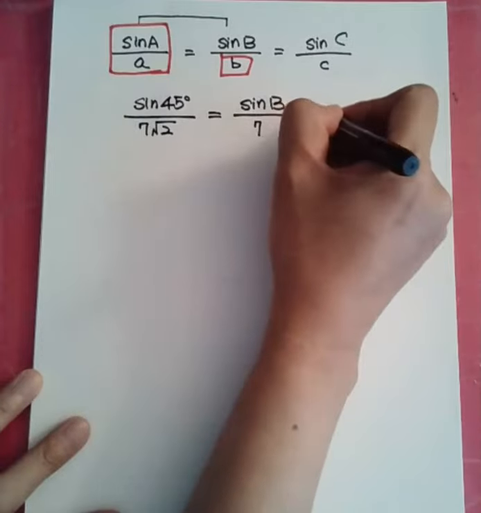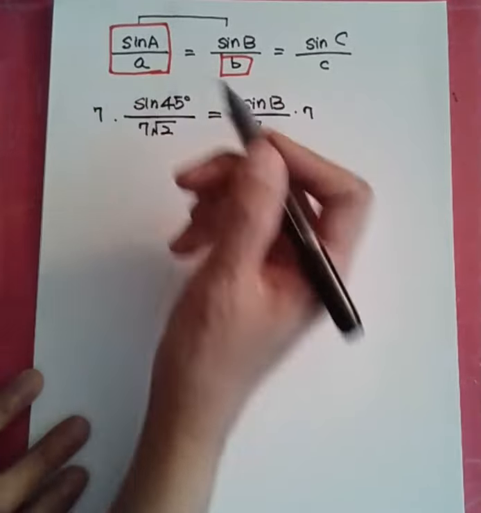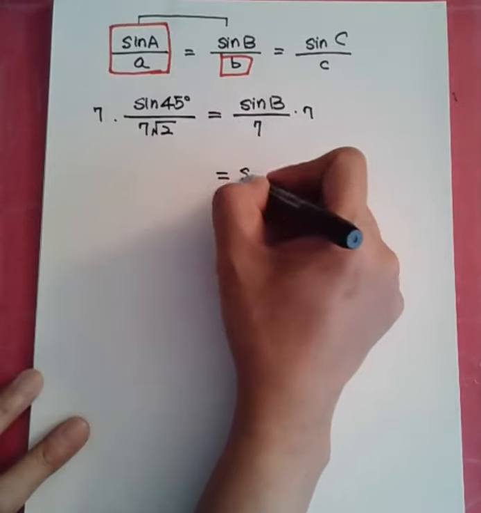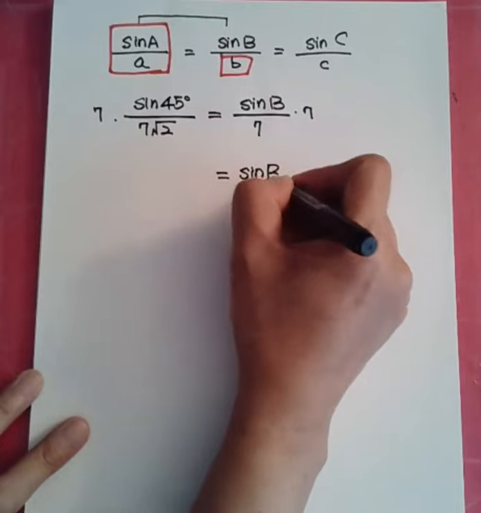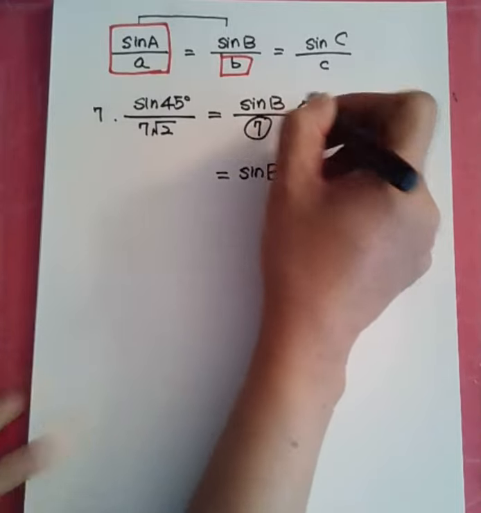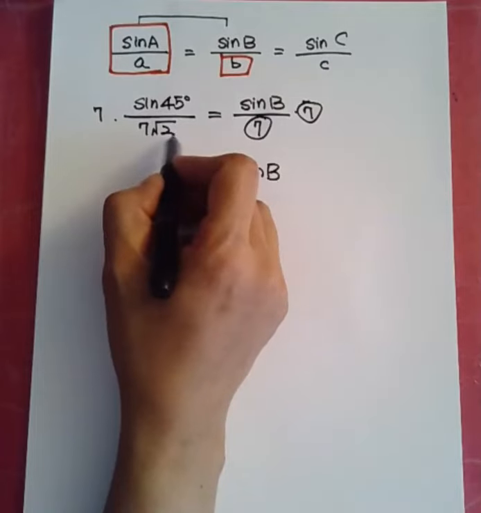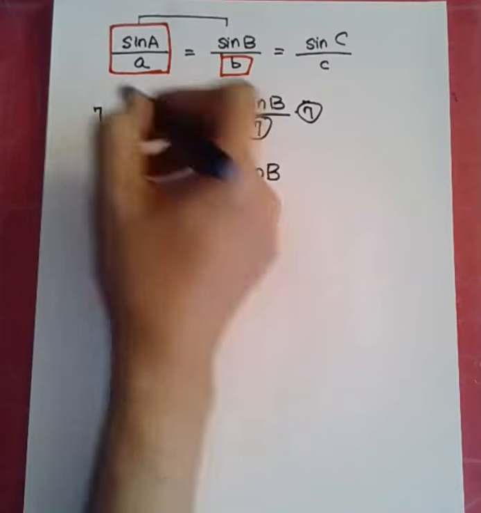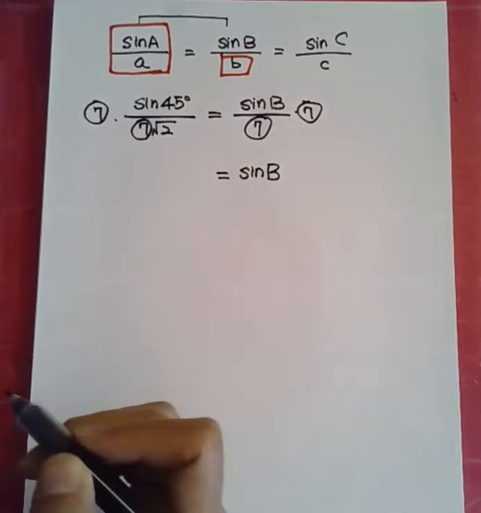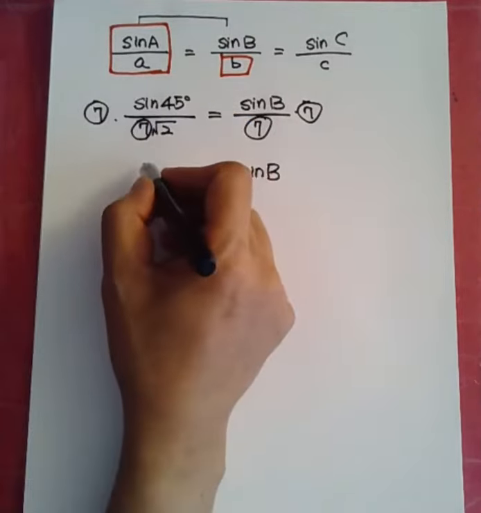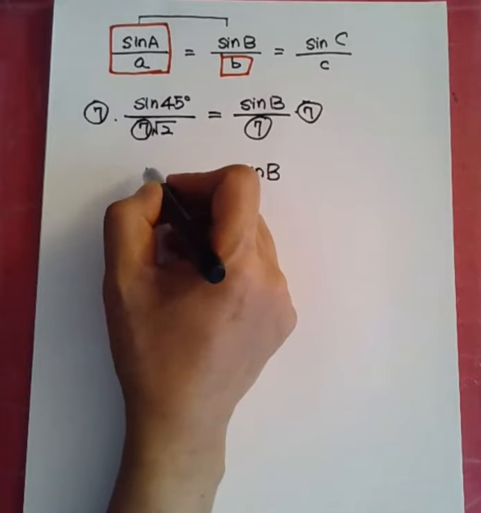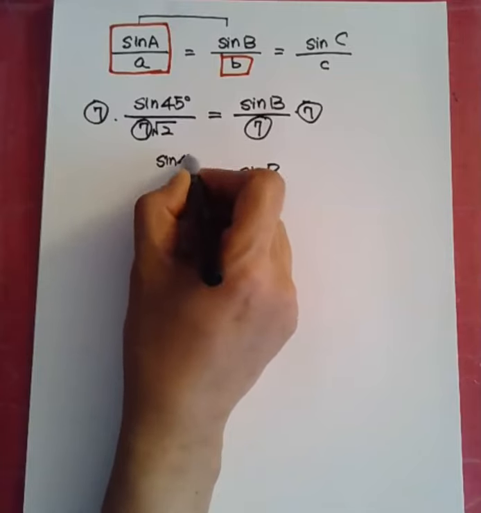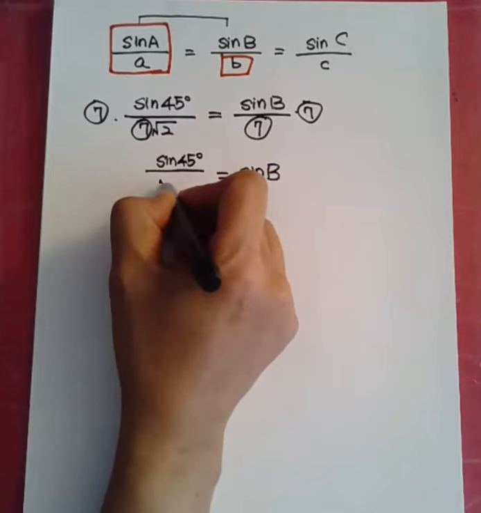So we multiply by 7 on both sides. Then on the right side, we have sine of B. Those will cancel each other. 7 square root of 2 is 7 times square root of 2. So 7 and 7 will cancel each other. And on the left side, we have sine of 45 degrees over square root of 2.